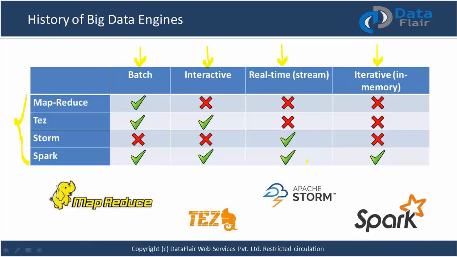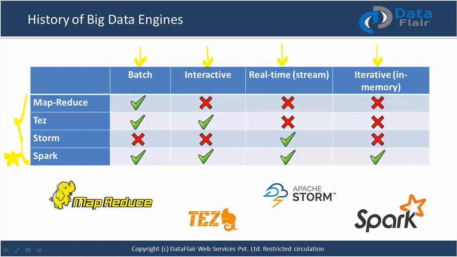Now if I highlight Spark, which can handle batch processing, although the first choice in the industry for batch is still MapReduce, Spark can handle it. Spark provides a good interface for interactive processing as well.